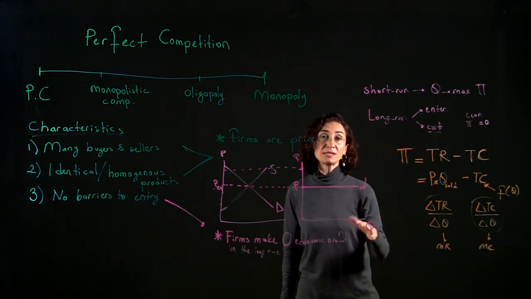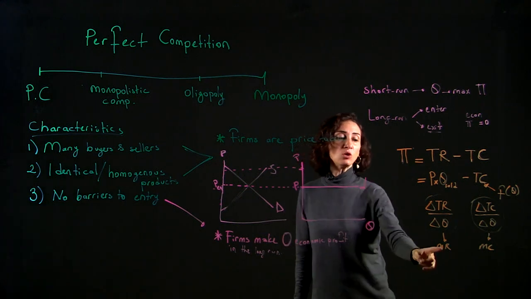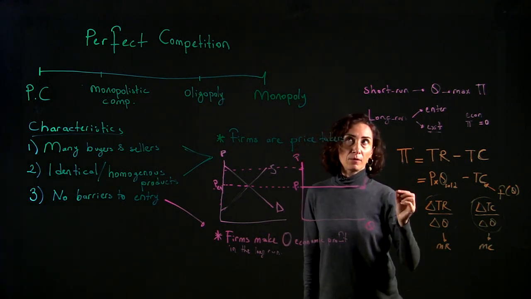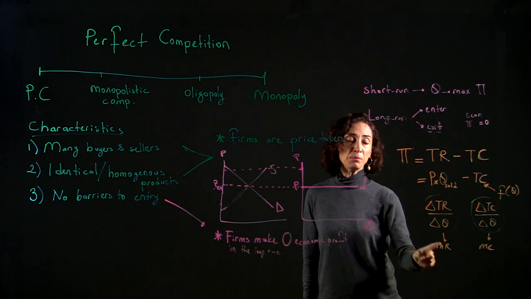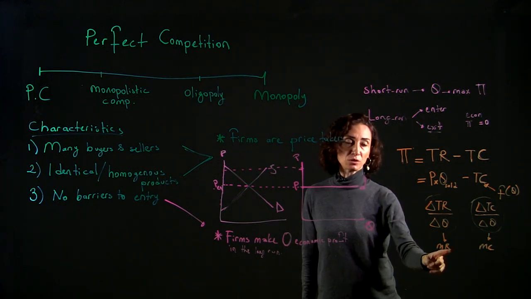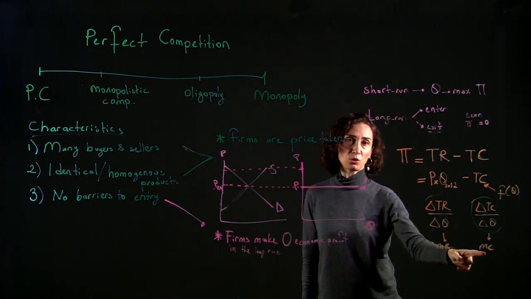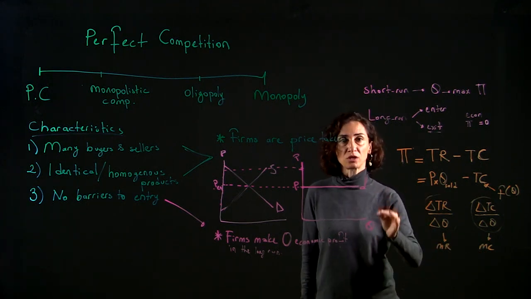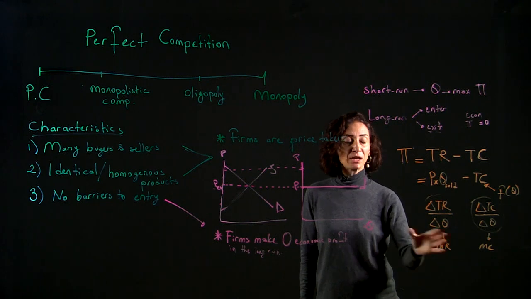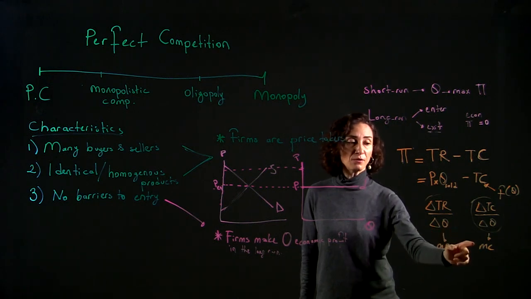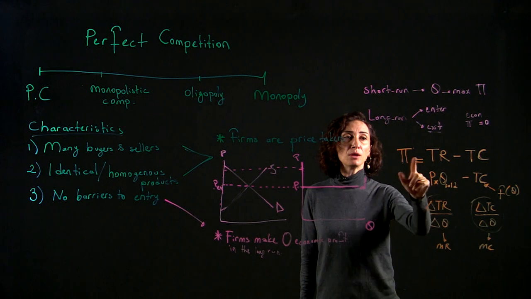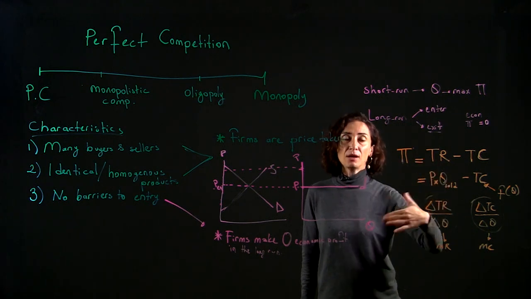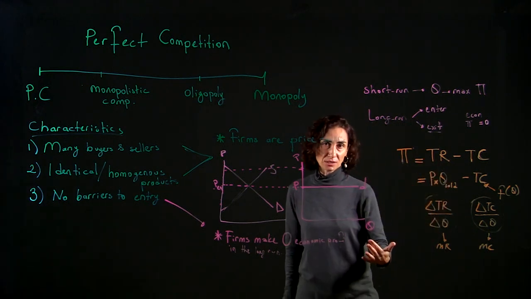So here is a general rule. As long as for an output, the marginal revenue of that output is higher than the marginal cost of that output, the firm will choose to produce that output. Because when marginal revenue is more than marginal cost, profit would be increasing. Producing that output makes sense.